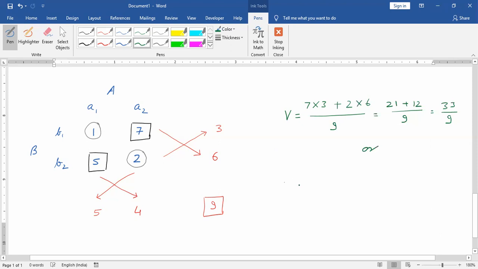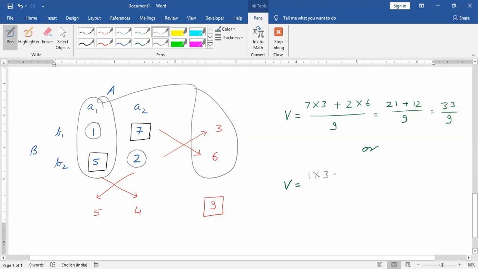Value of game V is equal to, using the first column and multiplying with the difference, 1 into 3 plus 5 into 6, divided by 9, is equal to 3 plus 30 divided by 9, is equal to 33 divided by 9.